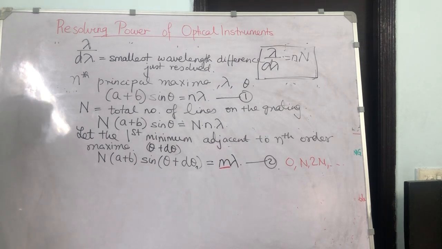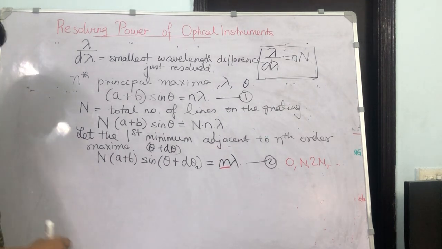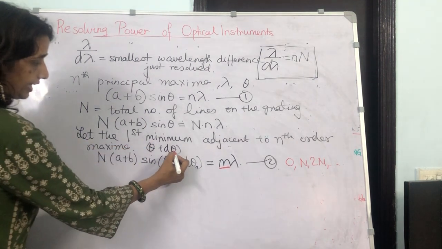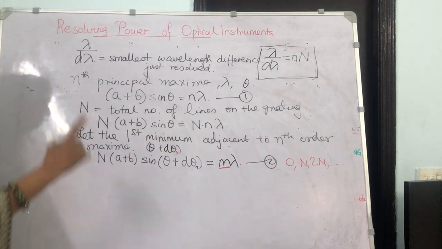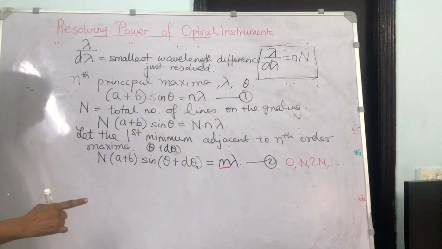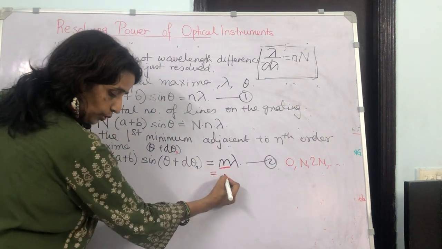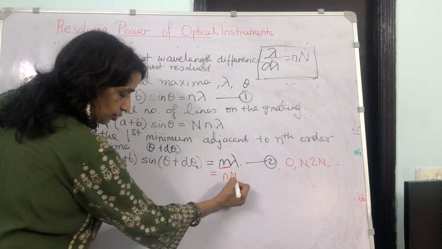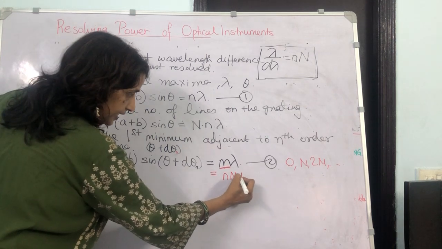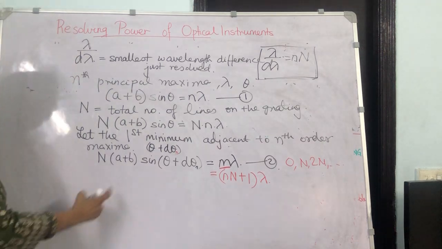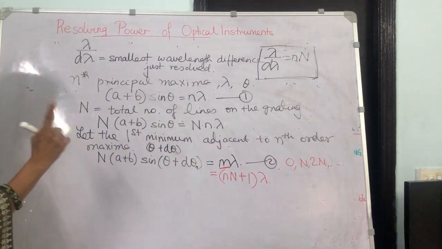The first minimum adjacent to the nth maxima in the direction theta plus d theta n is possible only and only when m is equal to n into N plus minus 1. Only then it is possible.